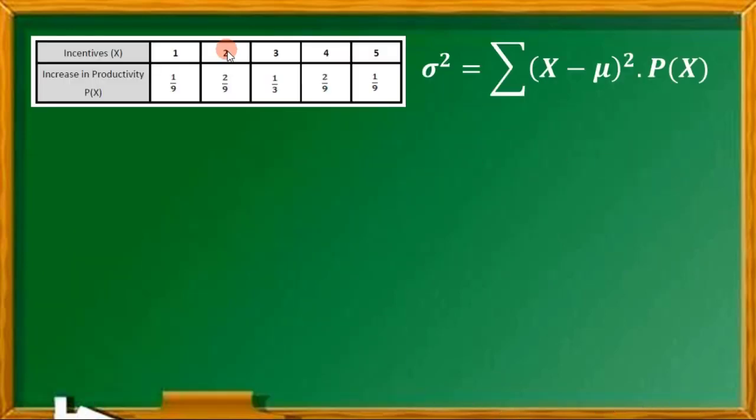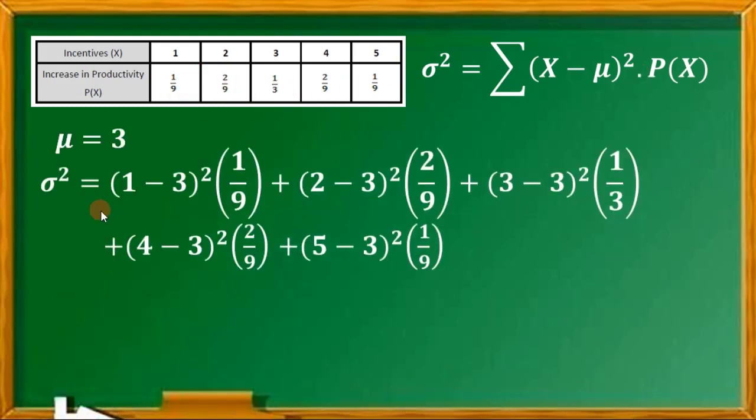So for sigma, since we already have the mean, mu is equal to 3. Sigma squared is the summation of the quantity x minus mu, you square that, times its probability given here. Let's do that. So mu is 3. Then sigma squared equals 1 minus 3, you square that, then times the probability 1/9.